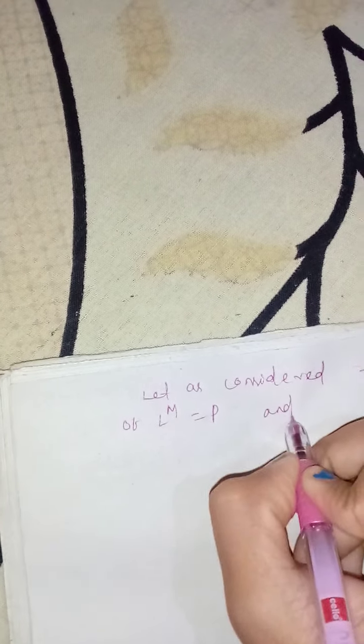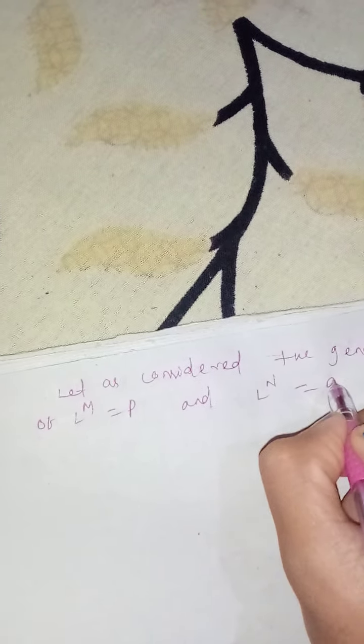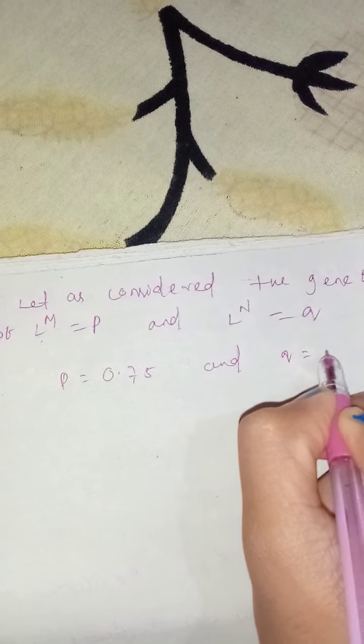Let us consider the gene frequency of LM is equal to P and the gene frequency of LN is equal to Q. We already know that LM is equal to 0.75, so P is equal to 0.75 and Q is equal to 0.25.